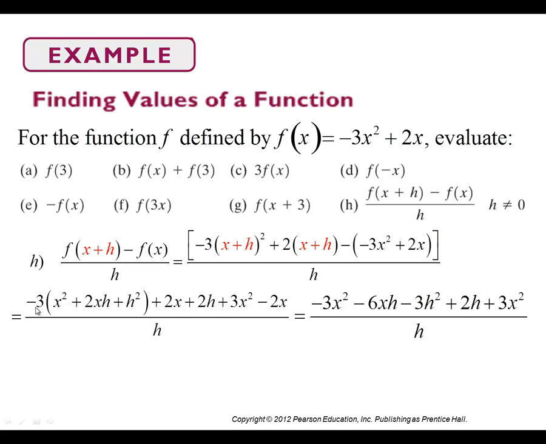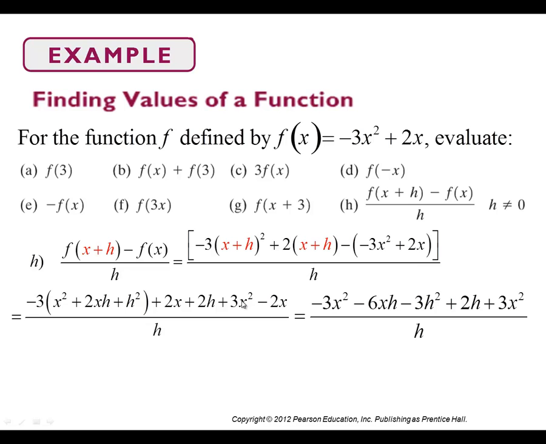So here's your negative 3x squared. Negative 3 times 2xh, that's going to be your negative 6xh. Negative 3 times h squared, that's going to be negative 3h squared. And here you got a positive 2x and negative 2x, so those two cancel out, go to 0.